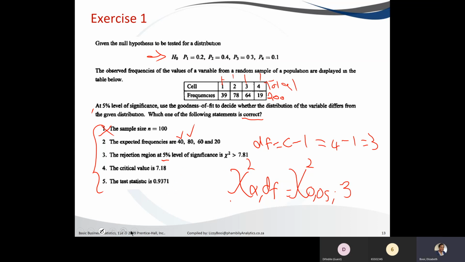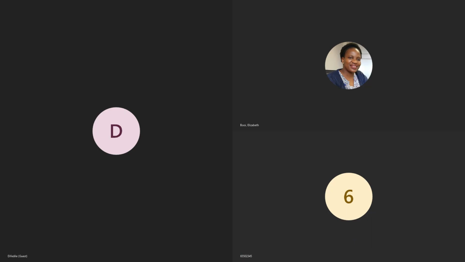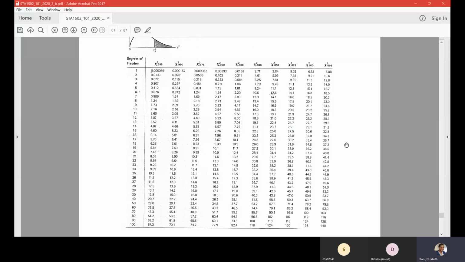Should I share my screen? You have your tutorial, please share your screen. I don't have my graph with me now. I'm in my table. Okay, and there is the table. You can make it bigger.